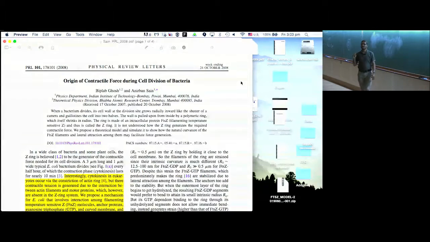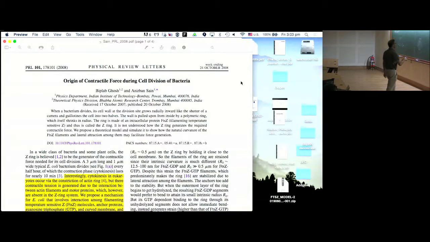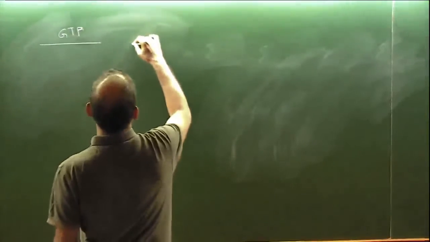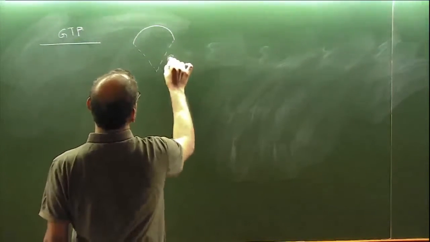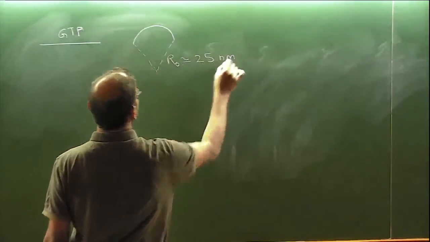As Srinivasan was saying, after hydrolysis, these filaments acquire a spontaneous curvature. So let us say a GTP filament prefers to be more or less straight, whereas one which is hydrolyzed prefers a bent conformation. So this is my filament, which is almost all GTP bound, and then after hydrolysis, it becomes more GDP, and then it prefers a bent conformation with a radius of curvature of around 25 nanometers.